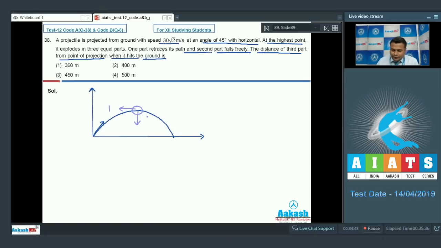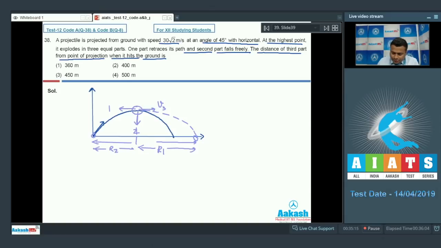The second one falls freely. And the third one moves with some velocity, suppose v3. Now suppose it falls somewhere here. We have to calculate this much distance. Suppose this is r1, the range of v3, and half of the range of the initial particle is r2.